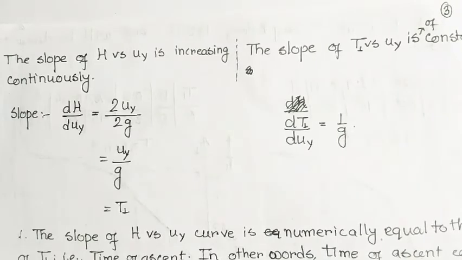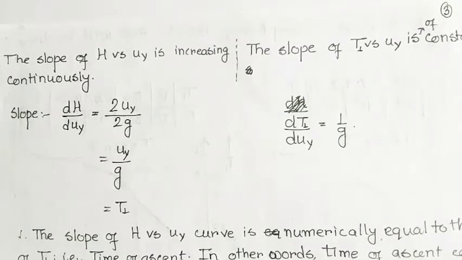I think you remember this value: capital H equals uy square divided by 2g. So if I do the differentiation, dh/duy gives us 2uy divided by 2g, so it becomes uy divided by g.